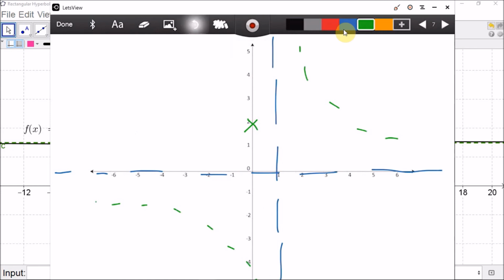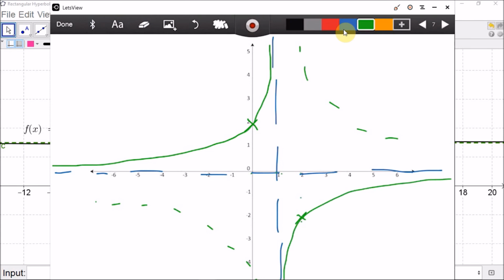All right, so what does this go? This goes around there like that. And so across 1 and up 2, so I've got across 1 and down 2 to there, and the other part of it is going to swing around in there like so. x equals 1 is one asymptote, and y equals 0 is our other.